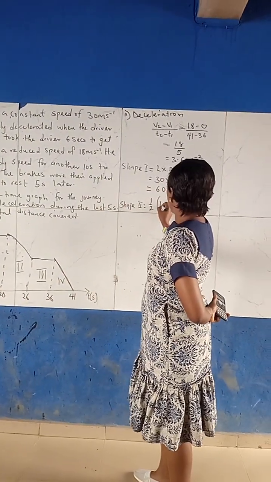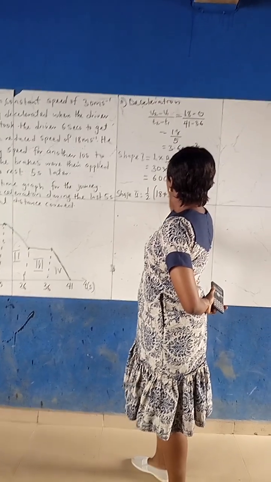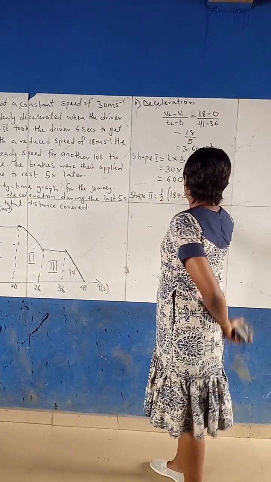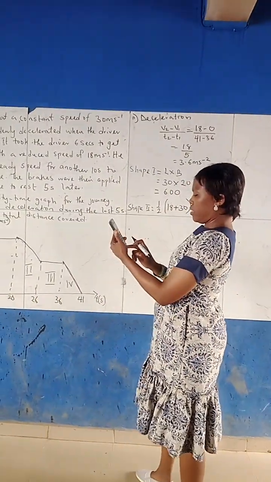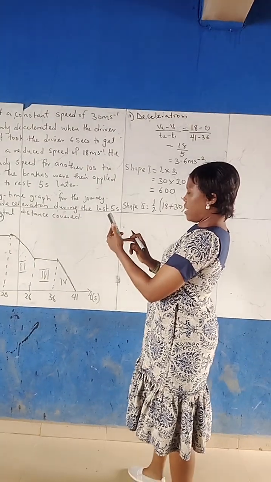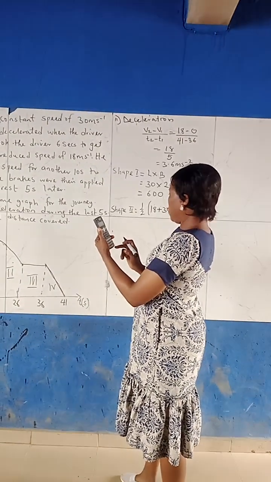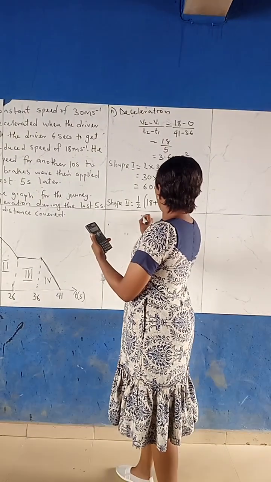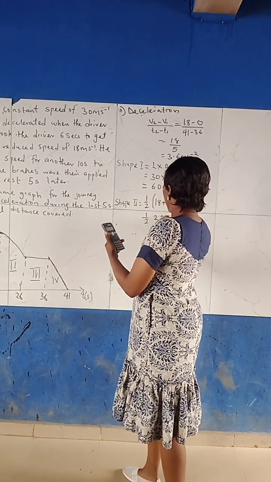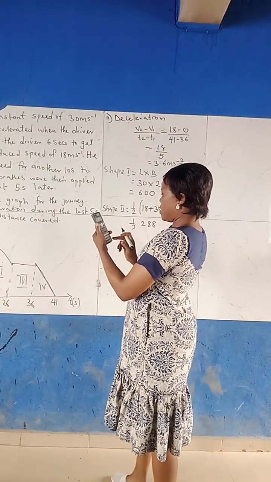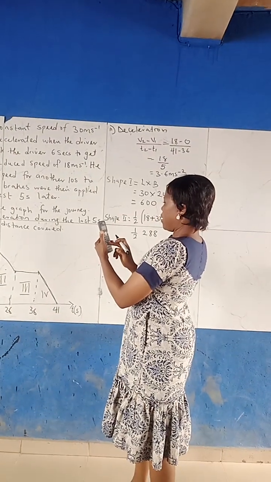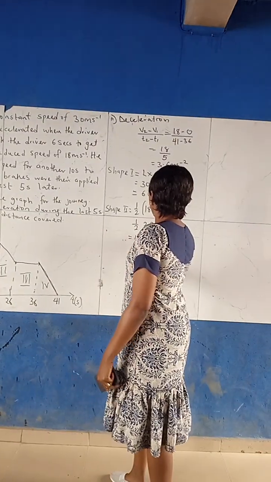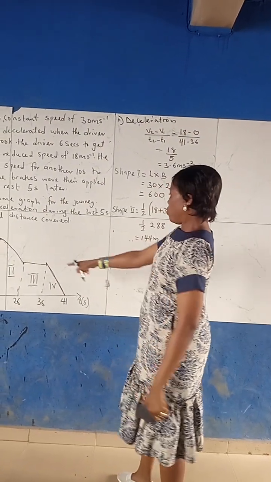So half into 18 plus 30, multiplied by my height, which is 6. 18 plus 30 will give me 48, multiplied by 6 equals 288, divided by 2 will give me 144 meters for my shape 2.